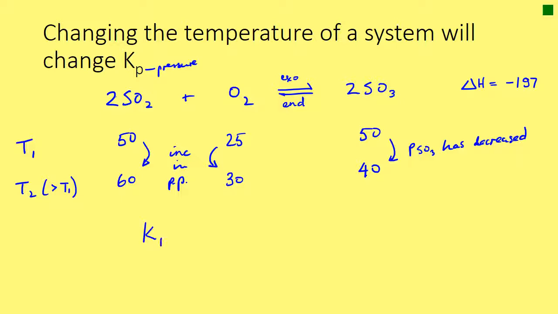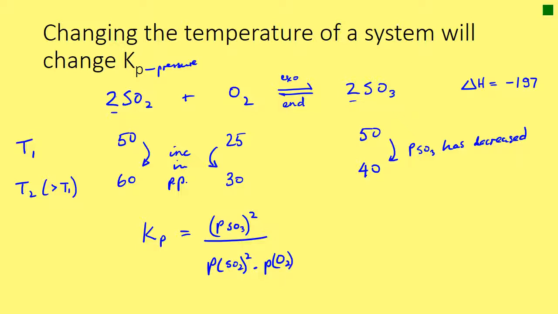So we have to remember that Kp is the partial pressure of sulfur trioxide, and that's going to be squared because we've got 2 moles there, divided by the partial pressure of sulfur dioxide, also squared from that 2 there, times the partial pressure of oxygen, like that.